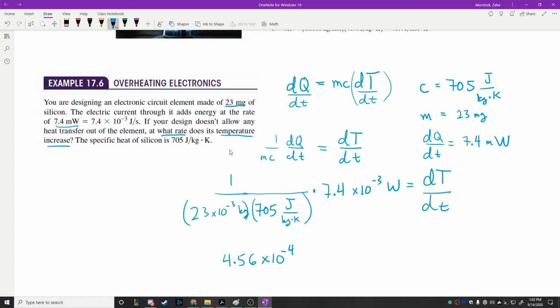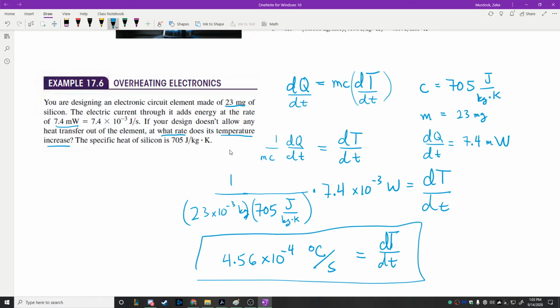And this would be degrees Celsius per second. That's the rate at which the temperature is increasing. Every second increasing by that amount. Given enough time, like a minute, for example, you'd have 60 times this. After an hour, the object would obviously get really, really hot.